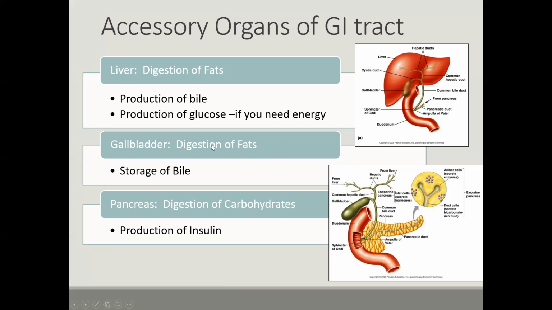The gallbladder, digestion of fats, like we just said, storage of bile. And then the pancreas, this is focusing on the pancreas with digestion of carbohydrates, specifically pointing to insulin. But for our level of understanding, a lot of times we'll just do the very 32,000 feet idea of what the main purpose of an organ is, but they do other things.